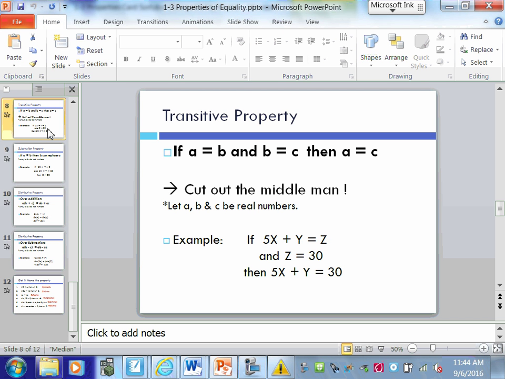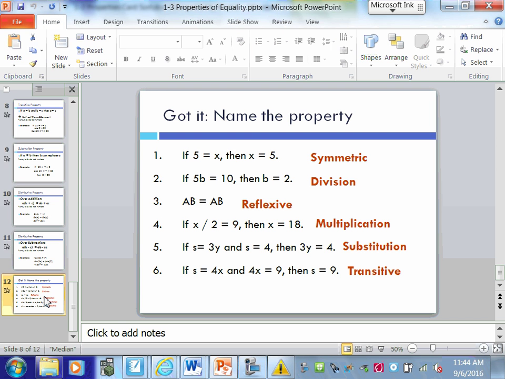We're still working on the self-check? Yeah. All right. If this was a quiz, how did you do? Put a star next to the ones that you missed so you know to look back at them.